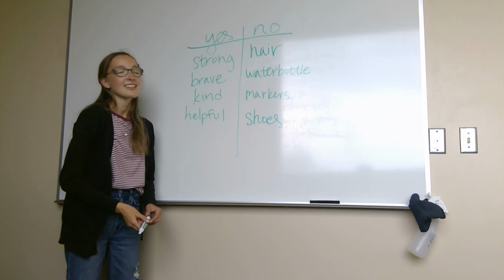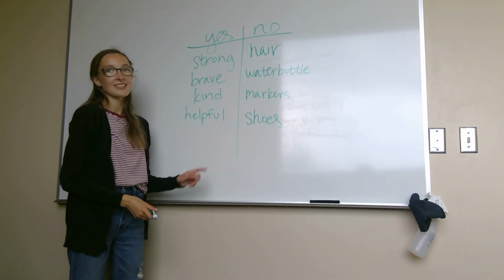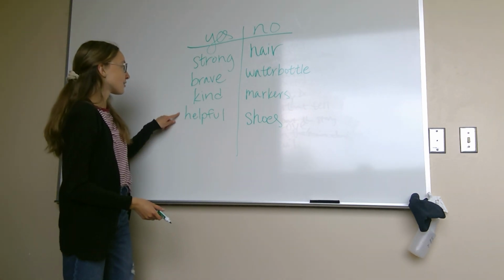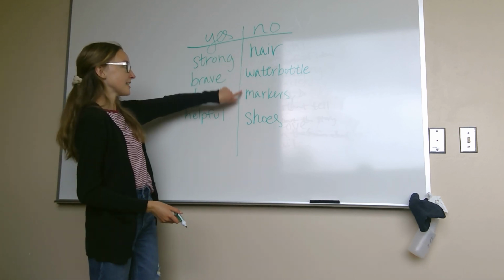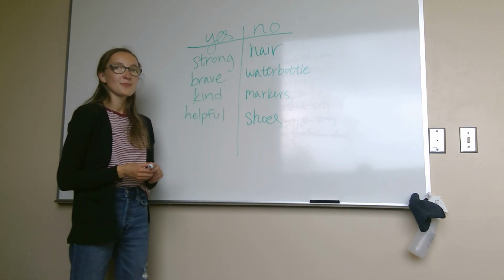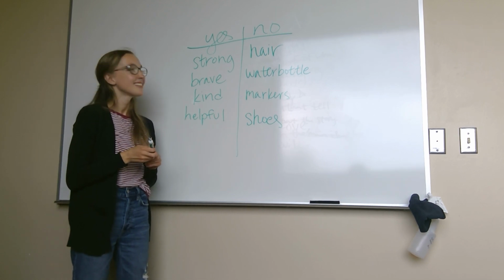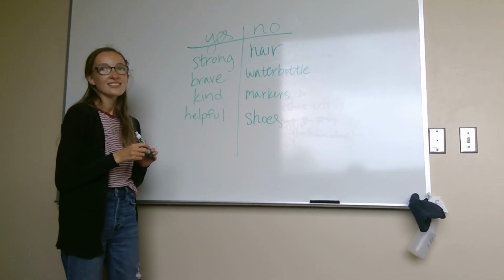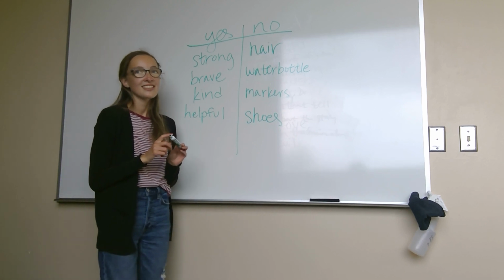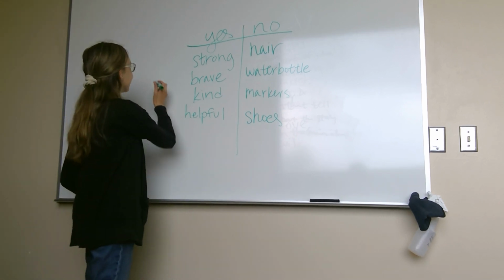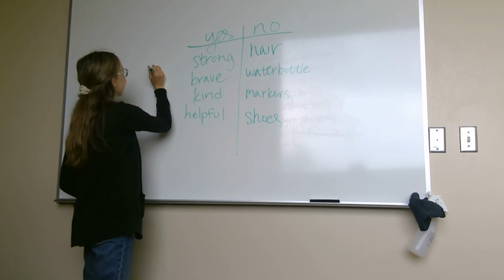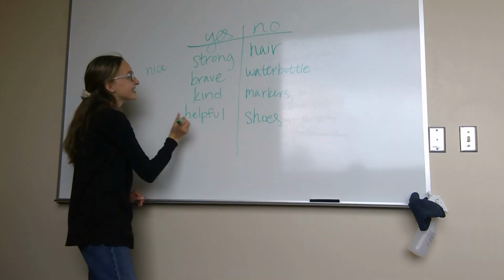Okay, are there any things that you notice that these words have in common? Yes. The first one, they're words that are nice, that people are nice, and the other one is things.